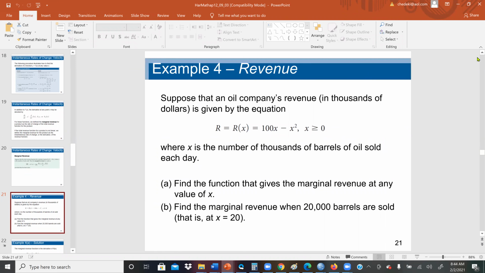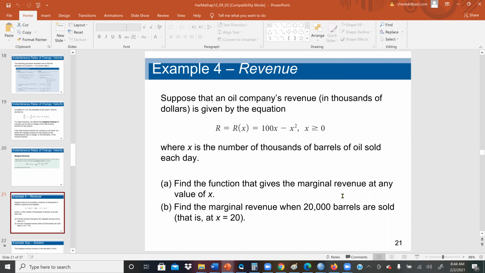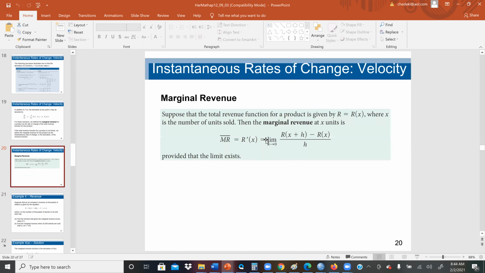To find the marginal revenue, it means I have to find the derivative of the revenue function. We use this formula to find any derivative. So here we are looking for the derivative of the revenue, or marginal revenue. So this is a derivative formula, as we said earlier.